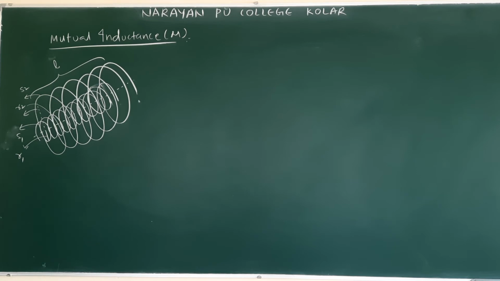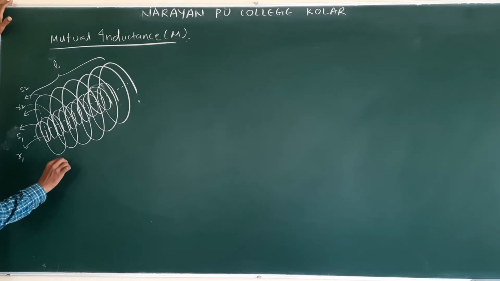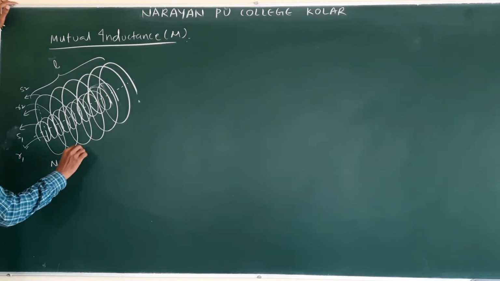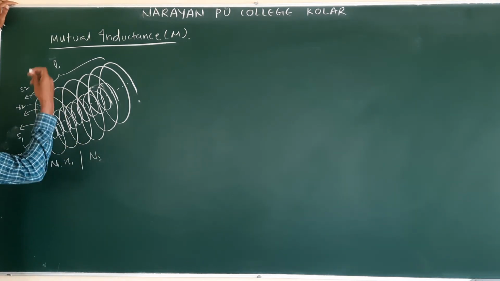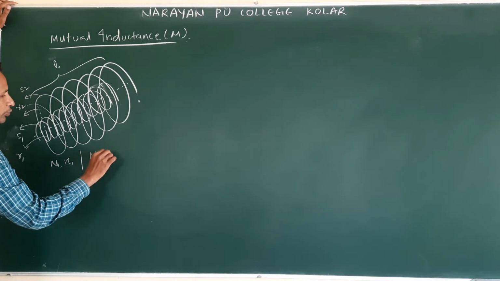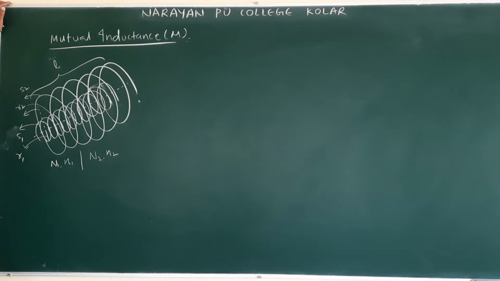Now, the total number of turns in the first, inner coil is N1, and small n1 is the number of turns per unit length. Next N2 is the total number of turns in the second, outer solenoid, and small n2 is the number of turns per unit length.